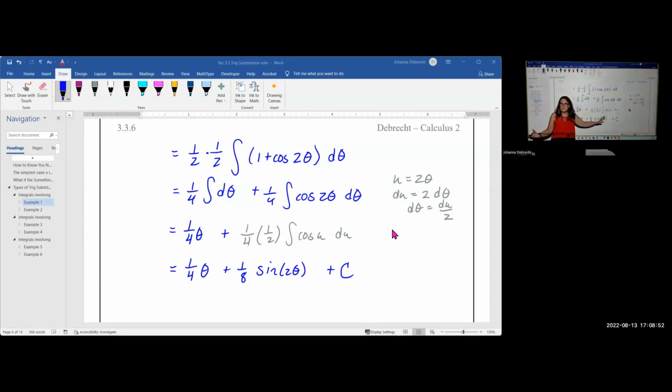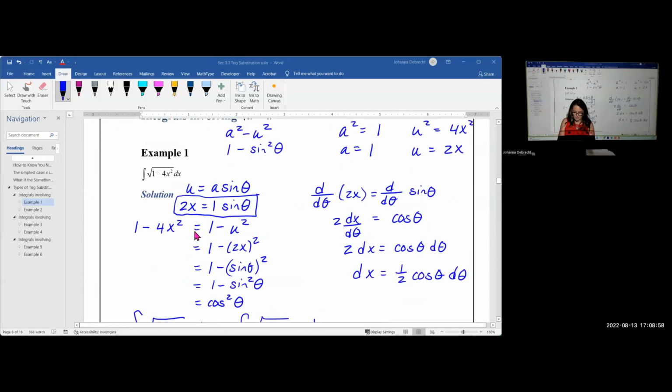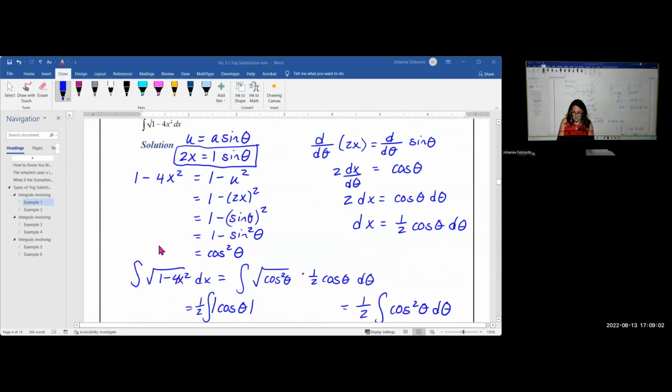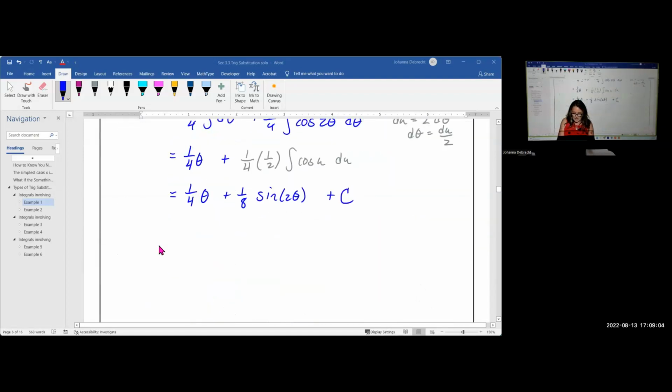Looks good, right? Wrong. The problem is the original integral, what we started trying to evaluate, was the integral of the square root of 1 minus 4x squared dx.